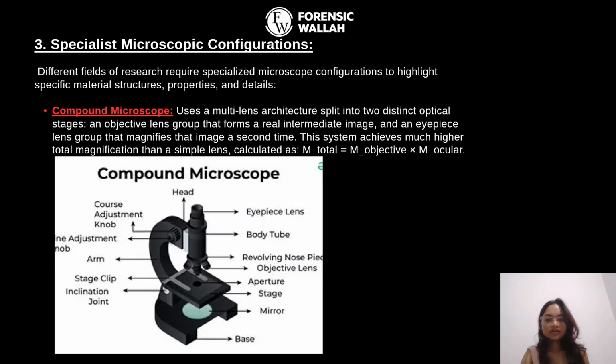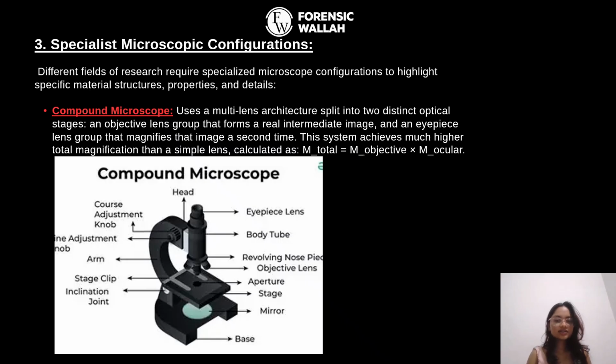Now, we have our compound microscope. When we need magnification beyond what a single lens can provide, we step up to the compound microscope. The compound microscope overcomes the limitations of a single lens by utilizing a multi-lens architecture split into two distinct optical stages.